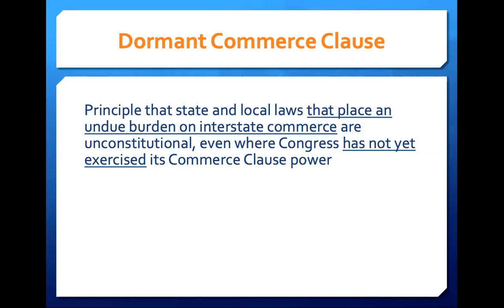It's also sometimes called the negative Commerce Clause. So by giving Congress the power to regulate interstate commerce, the idea is that the negative, the flip side of that, is also true: the Constitution does not give the states the power to burden interstate commerce.